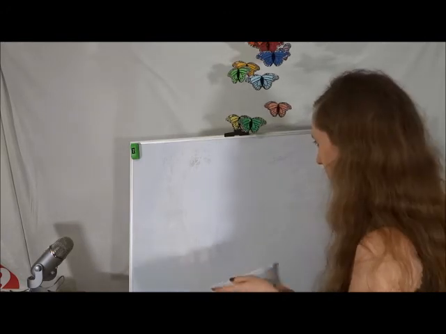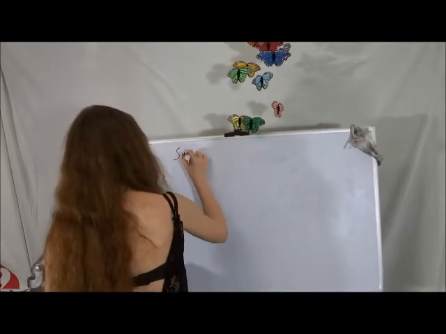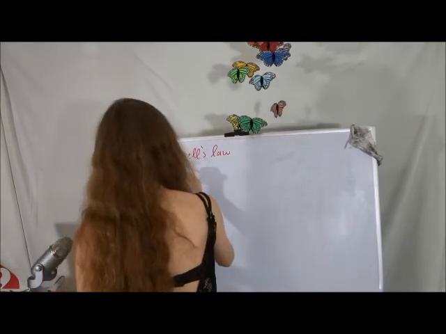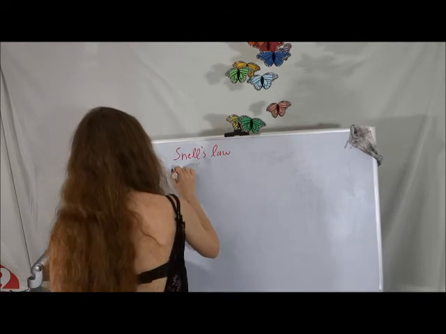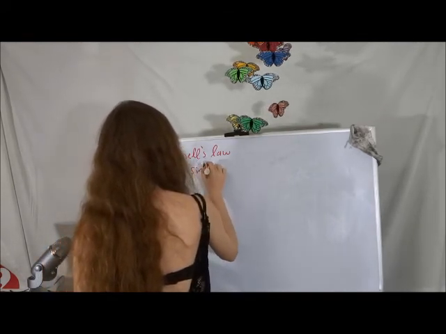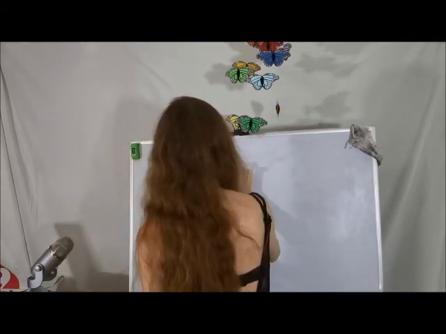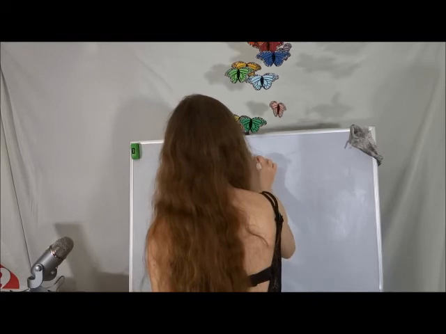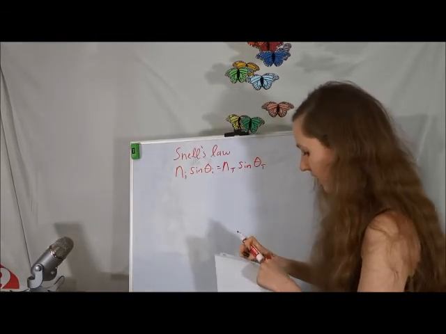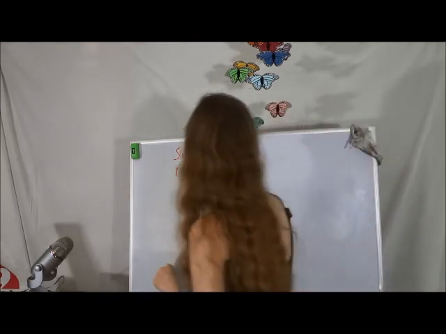Snell's law tells us that n sub I sine theta sub I is equal to n sub t sine theta sub t. Now theta sub I is our angle of incidence, and theta sub t is our angle of refraction.